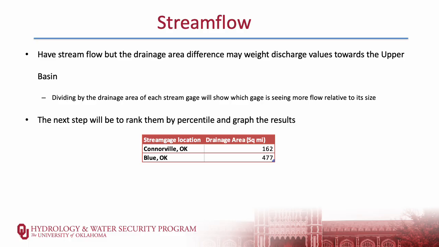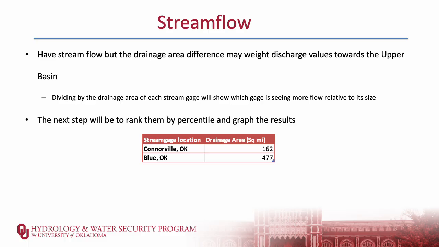The way that we're going to try to cancel out the effect that drainage area has is we're going to divide each discharge value by the drainage area of each stream gauge just to get what is called a specific discharge for us to use in the flow duration curve.